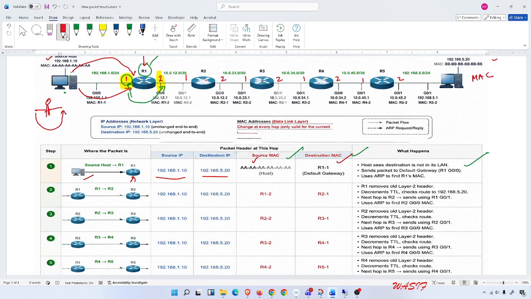Now look at here very carefully. The source IP and the destination IP never changed. So your address and your friend's address where you are sending the packet, the layer 3 address, which is the IP address, will never change.